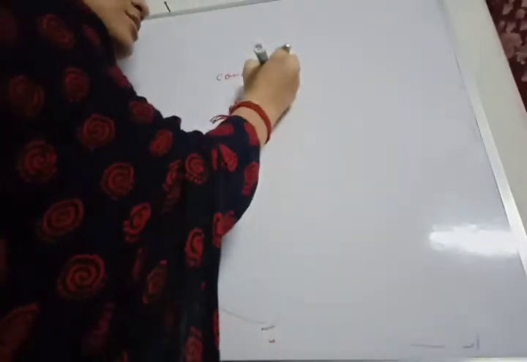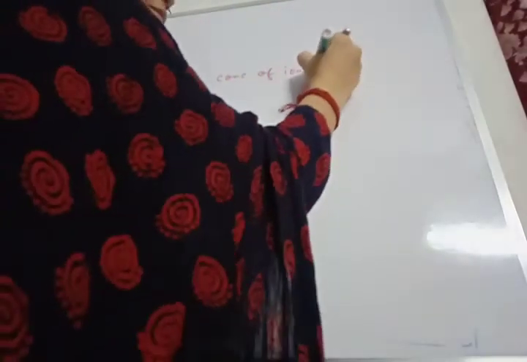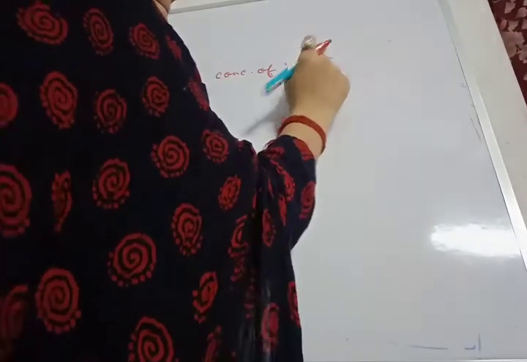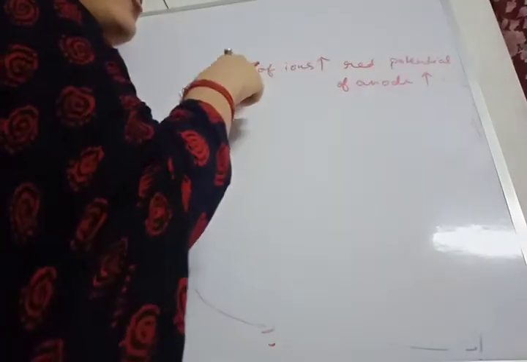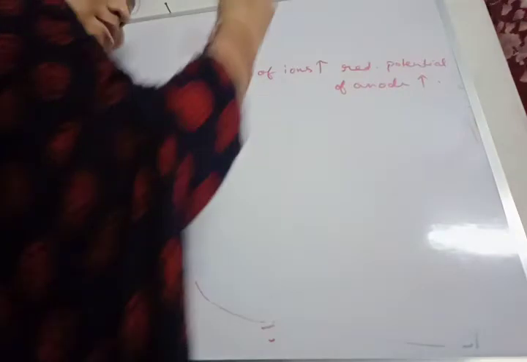The concentration of ions in the oxidation half cell will be increasing. So the reduction potential of anode will increase, because reduction potential is directly proportional to the concentration of the ions. If the concentration of the ion increases, reduction potential will also increase.